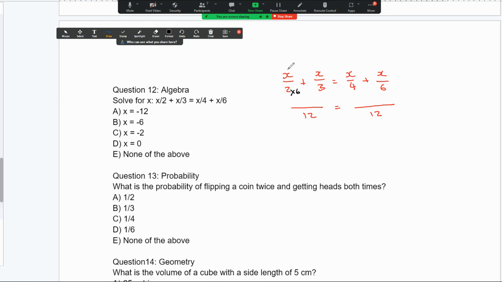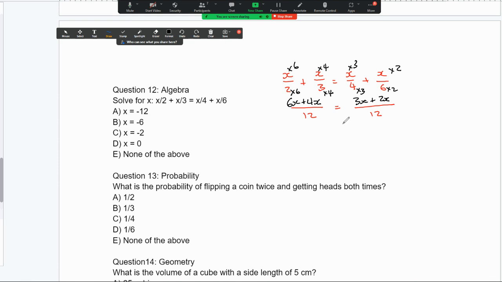So I multiply this by 6, this by 4, this by 3, and this by 2. And so this becomes 6x plus 4x, and this becomes 3x plus 2x.